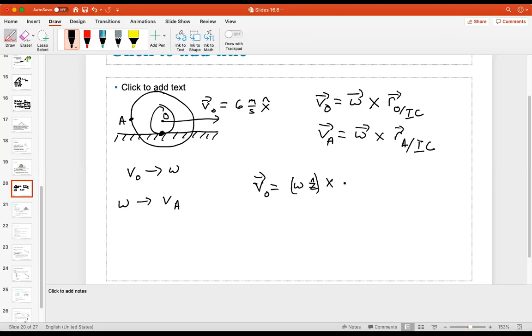Well, that just lies along the y-axis. And if you look back, that's just going to be 0.3, the smaller radius, times y hat, because it's going to go from the center up to the origin.